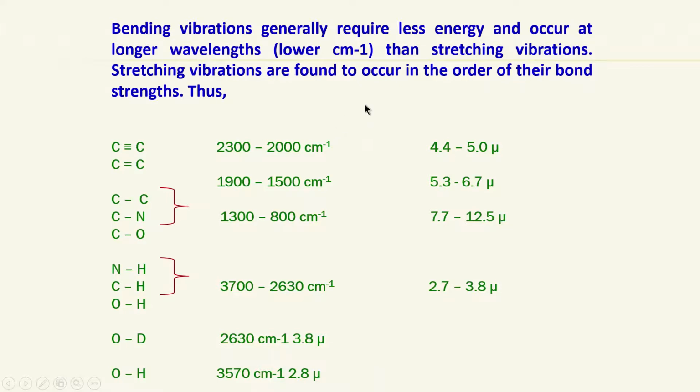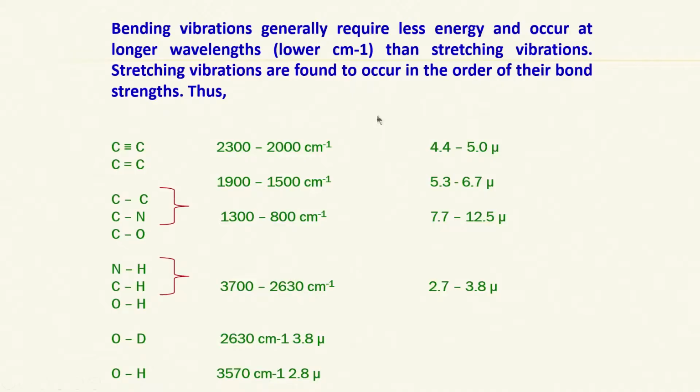This is what we are talking about, the appearance of the peaks. A double bond or a triple bond should appear at the lower wavelength range.